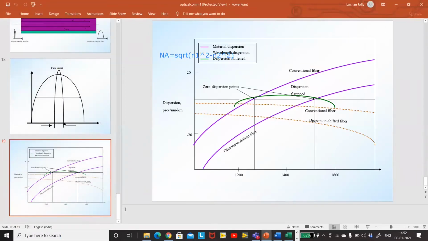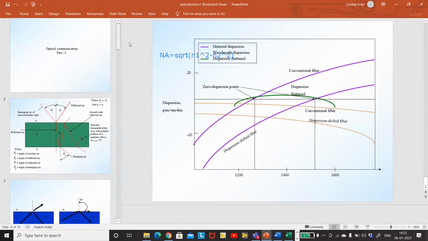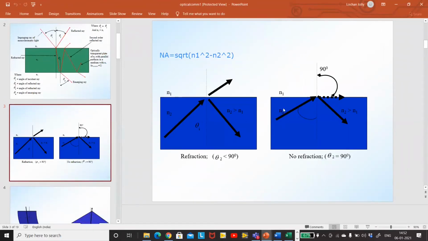Yeah. So right now you are aware, I'll quickly go through it. I explained how the signal travels through the fiber. In a step index fiber, it takes a zigzag path based on total internal reflection, that is, when your angle of incidence is greater than the critical angle, the signal experiences total internal reflection in the denser medium.